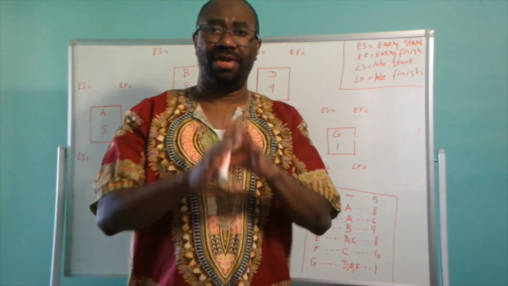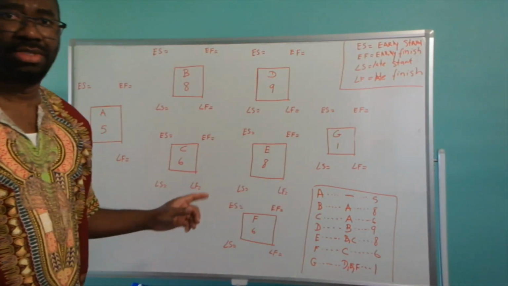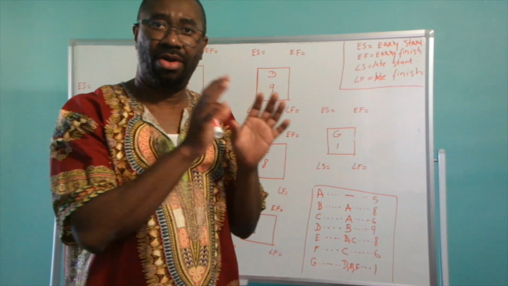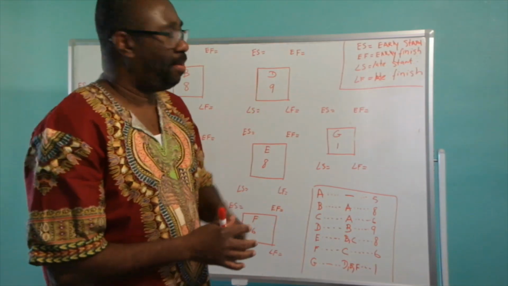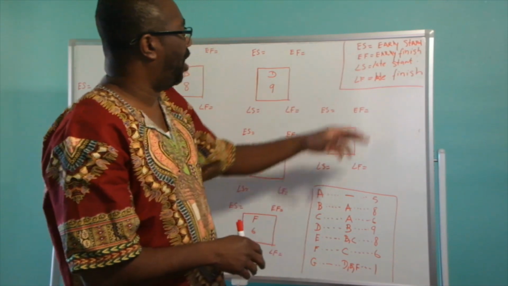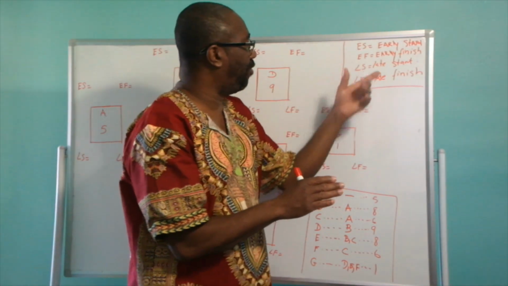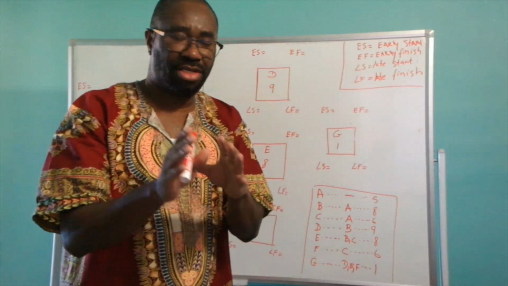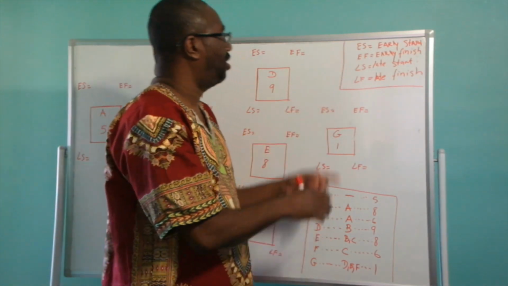Before I get into the actual plotting of the critical path diagram, there are a few terms that I want you to get familiar with. So we have ES, which stands for your early start. We have EF, which stands for your early finish. LS stands for your late start, and LF stands for your late finish.